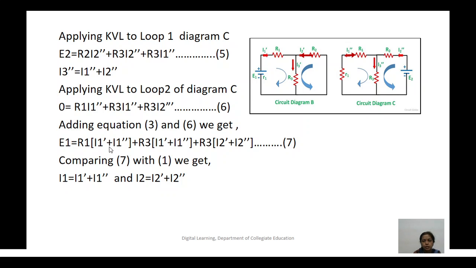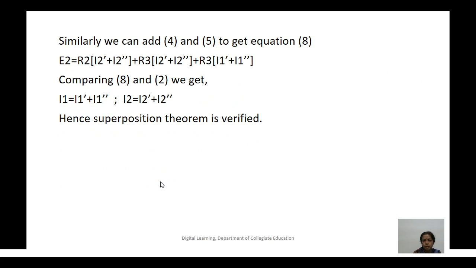Coefficient of R1 in equation 7 is I1 dash plus I1 double dash. Similarly, coefficient of R3 in equation 1 is I2. Coefficient of R3 in equation 7 is I2 dash plus I2 double dash. So they are equal. Similarly, we can add 4 and 5 to get equation 8, and comparing 8 and 2, we get a similar kind of result. Hence, superposition theorem is proved.